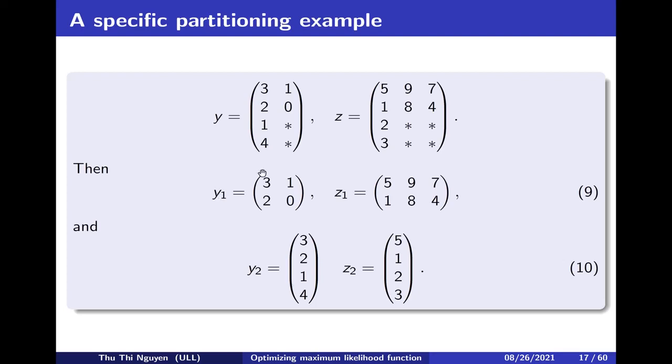So one can see that Y1 contains the first 2 rows of Y, Y2 is the first column of Y, Z1 is the first 2 rows of Z, and Z2 is the first column of Z.